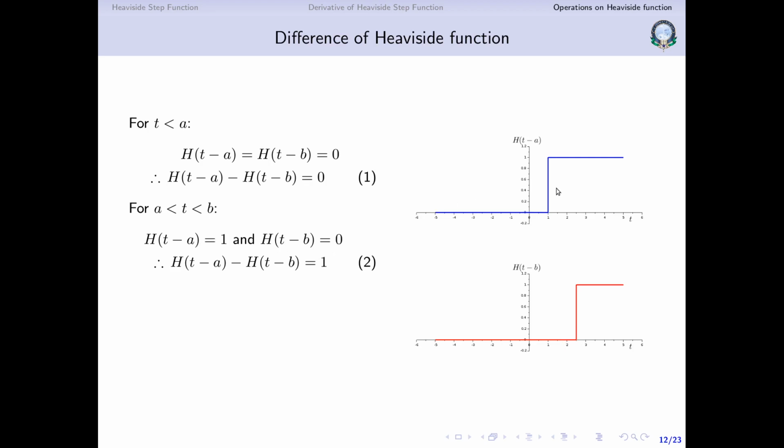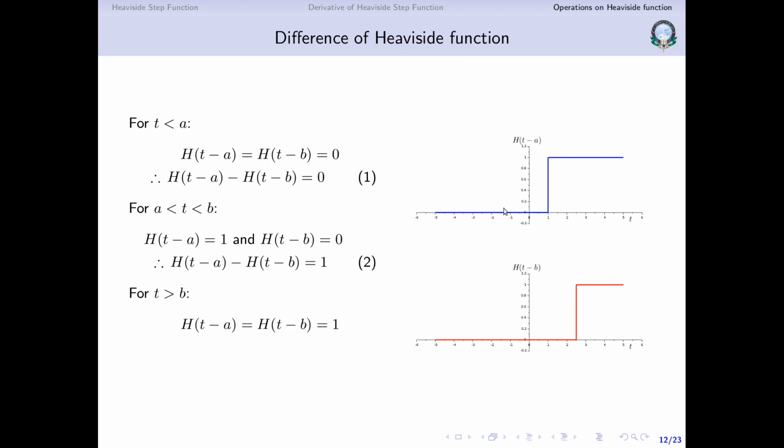So 1 minus 0 is 1. For values from 1 to 2.5, as in this example, the difference h of t minus a minus h of t minus b gives us the value 1.